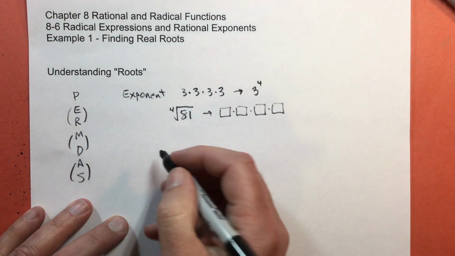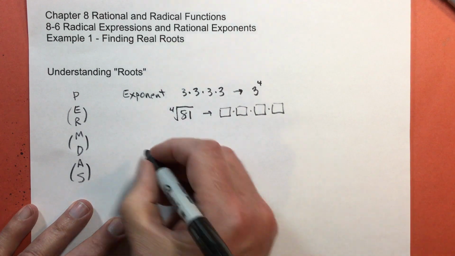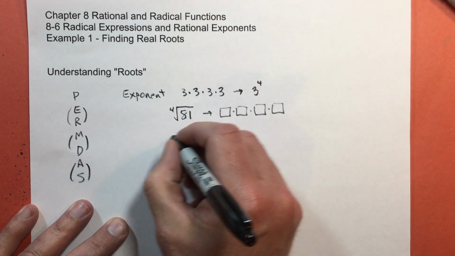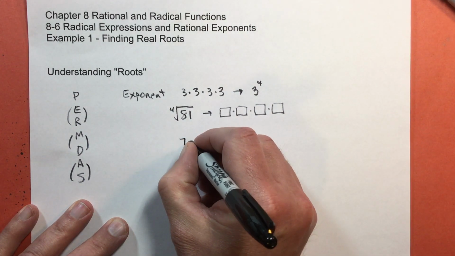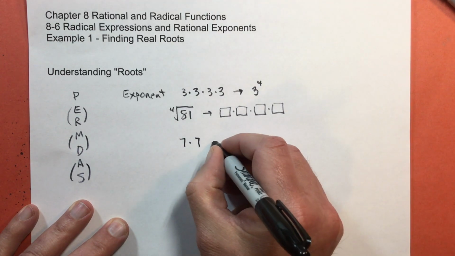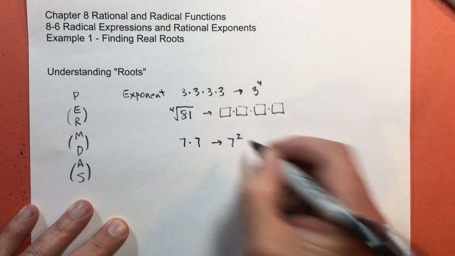Now, we've done this a lot of times, like I said, with Chapter 5, where we have, for example, 7 times 7. And we say, okay, we're going to write that like 7 to the 2nd power.